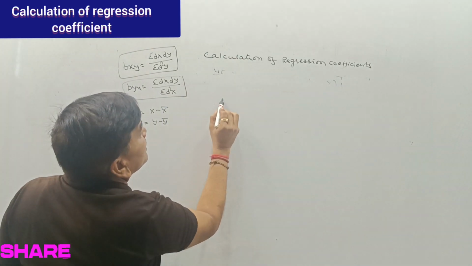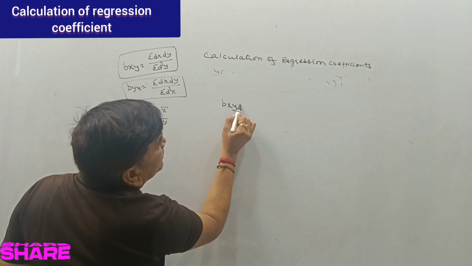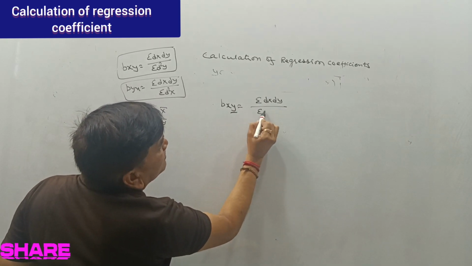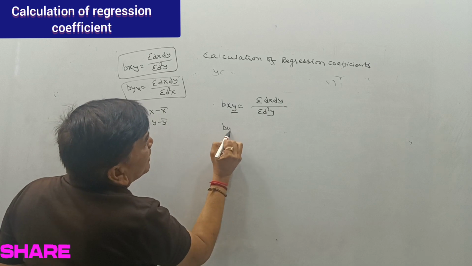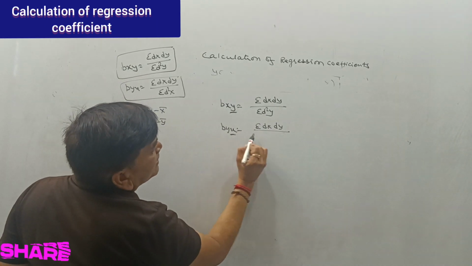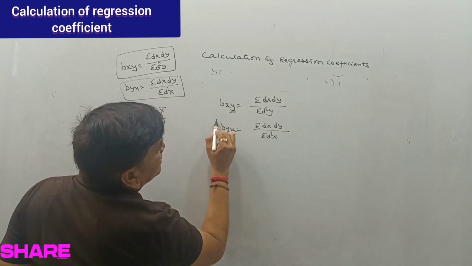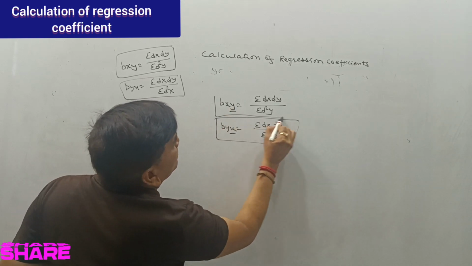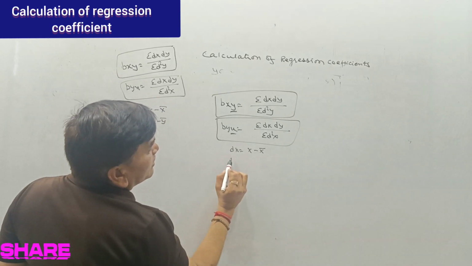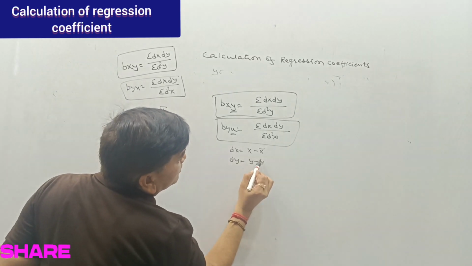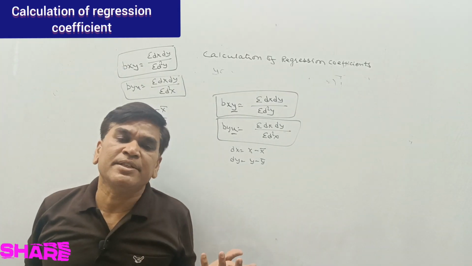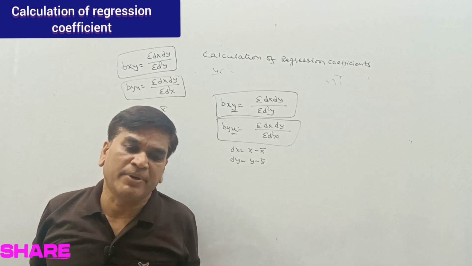The trick for bxy: sigma dx dy, y is last, so sigma d square y. For byx: sigma dx dy, x is last, so sigma d square x. These both are the formulas for the direct method. It means dx is equal to x minus the actual mean of x and dy is equal to y minus the actual mean of y. That is the first method to calculate the regression coefficients bxy and byx.